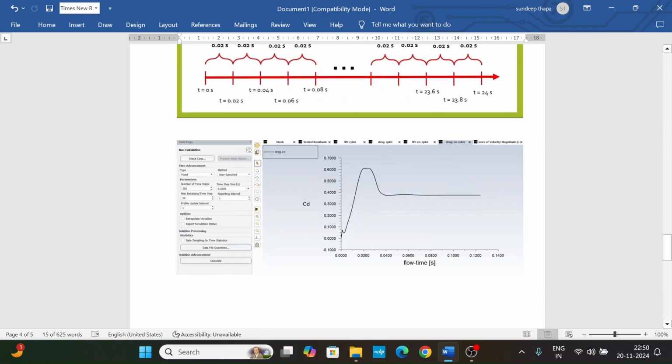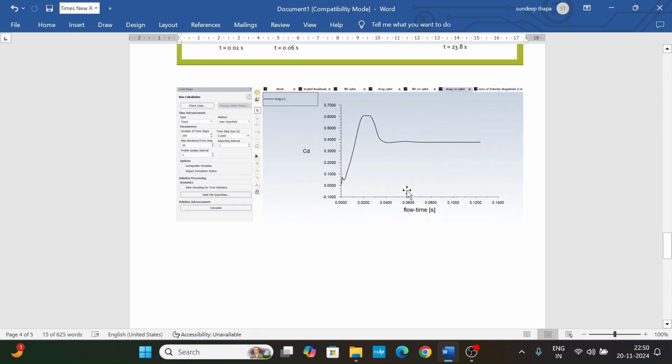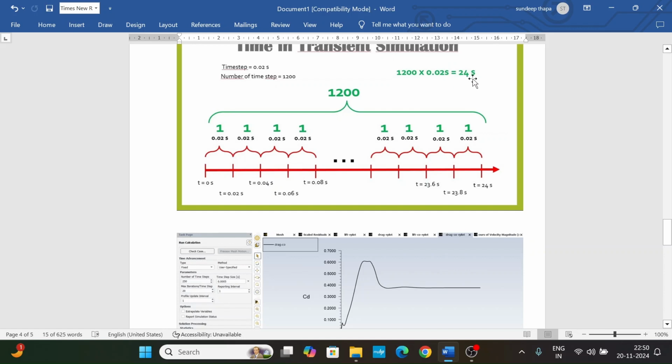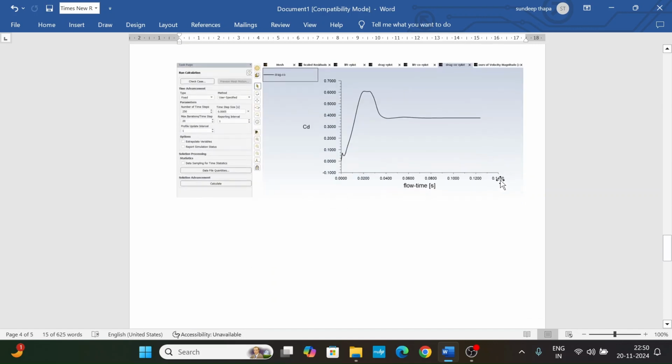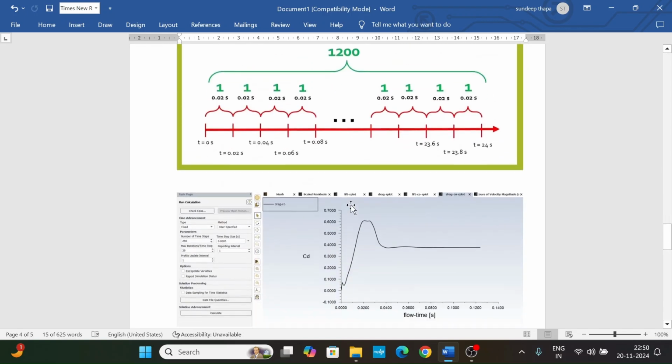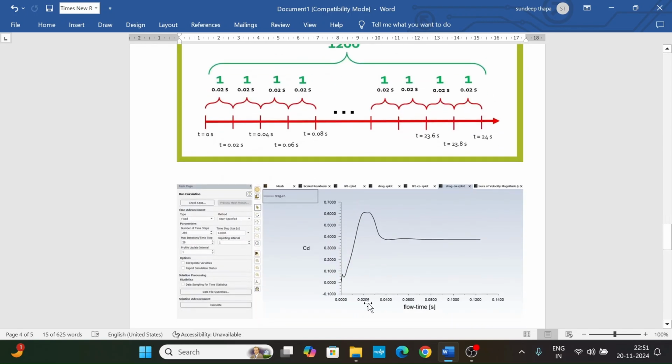So now the graph that has been generated during the CFD analysis. This is drag coefficient on the vertical axis, and this is the flow time. This flow time is the total time you are simulating the problem for, that is 24 seconds. Here are some other seconds, at each interval of 0.02 seconds, 0.02, 0.02 seconds, like that. You only have the relevant data of what has happened.